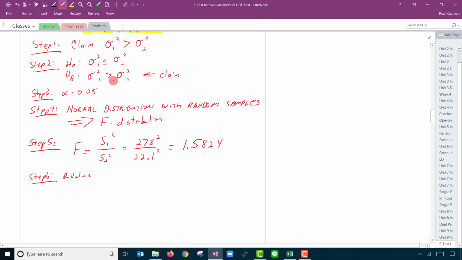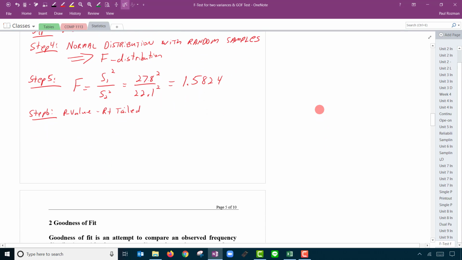This is a right-tailed test, which is nice because that's the way our table is. I'll just draw some sort of sketch for an F distribution here. We want the area to the right of 1.58. We want this area, and that is the p-value.